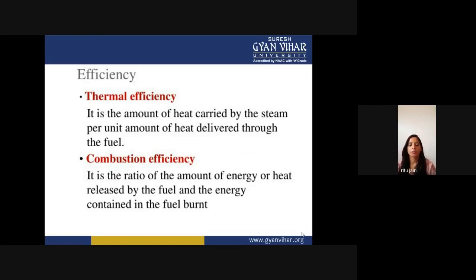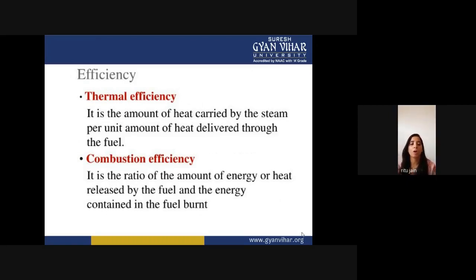Okay, so what is the difference between thermal efficiency and combustion efficiency? In combustion efficiency, you are getting heat from the fuel, and how much heat you require to convert that water into steam comes into the thermal efficiency.